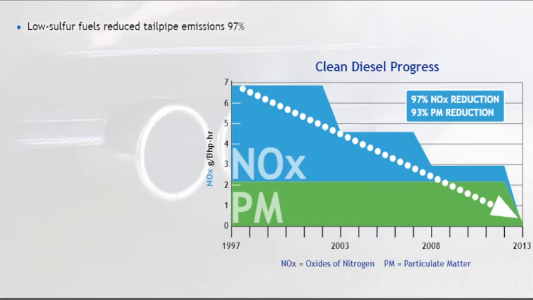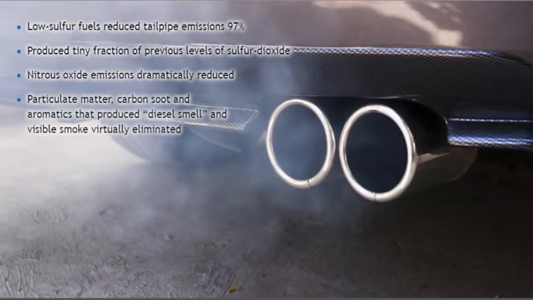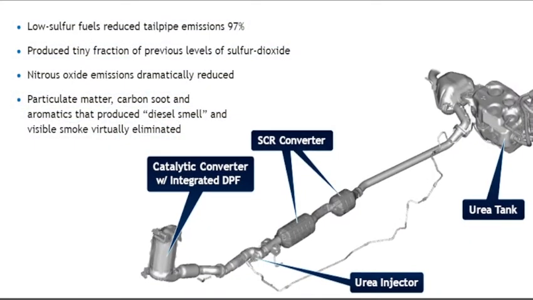Sulfur dioxide, a chief culprit in acid rain formation, was drastically reduced with clean diesel technology. Nitrous oxide emissions, primarily responsible for visible smog, were also dramatically reduced. Particulate matter, carbon soot, and aromatics that produce the old diesel smell and visible smoke have also been virtually eliminated.